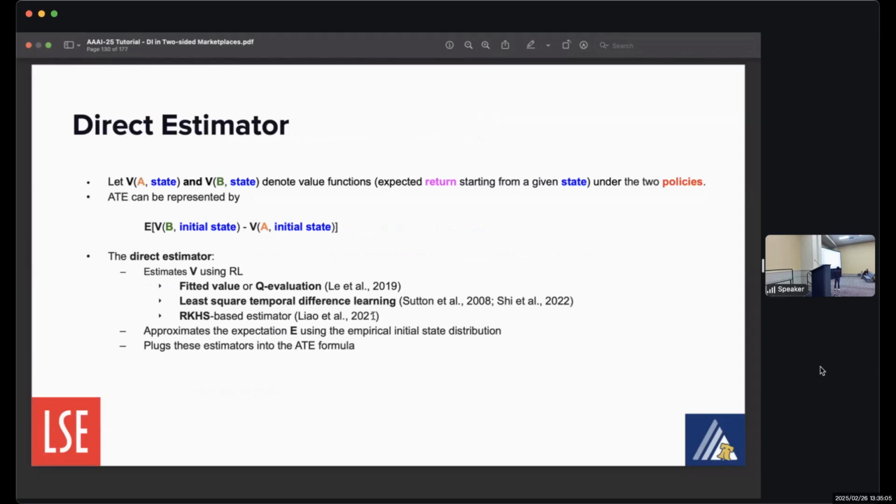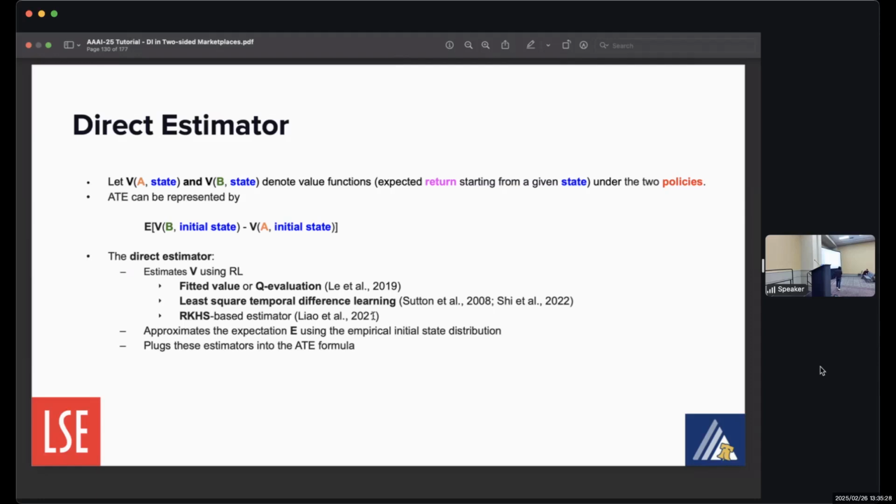And the direct estimator is very simple. It is very similar to the one developed in the contextual bandit setting. Basically, it estimates the value function using existing reinforcement learning algorithms such as fitted Q evaluation, or you can also use least square temporal difference learning or kernel-based methods.